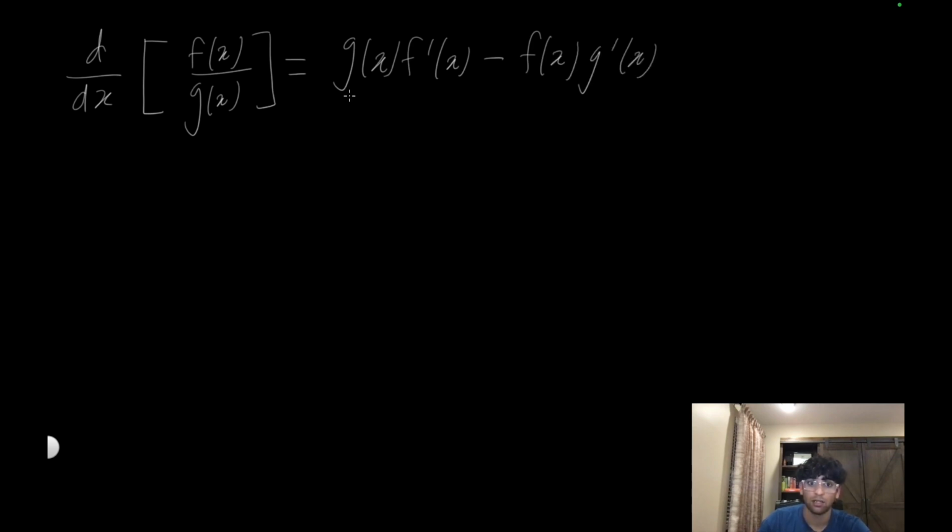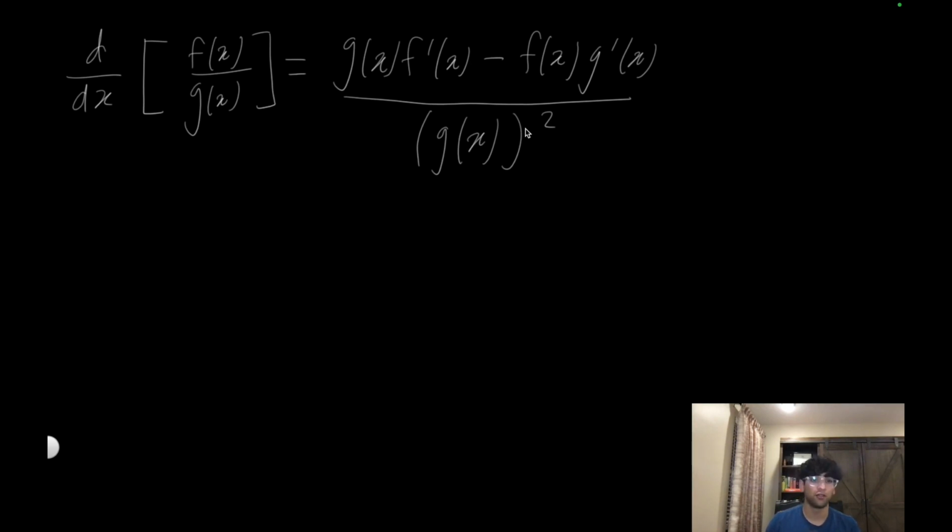The derivative is just going to be equal to g of x times f prime of x minus f of x times g prime of x, over the denominator, which is g of x quantity squared. This is the quotient rule.